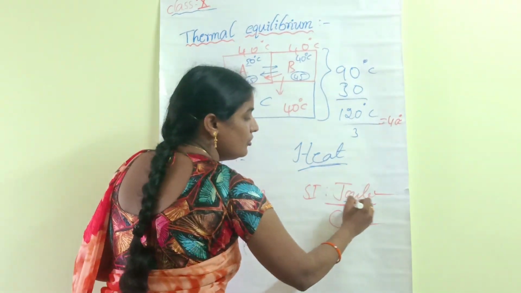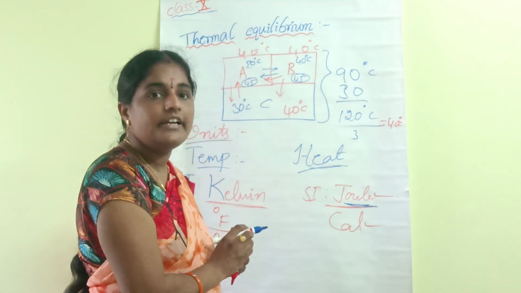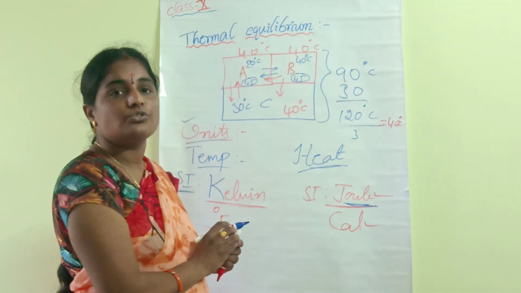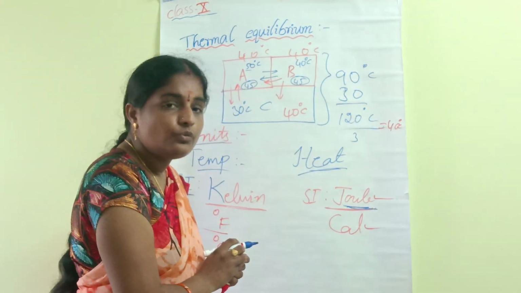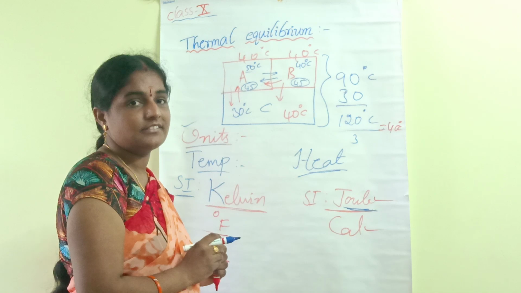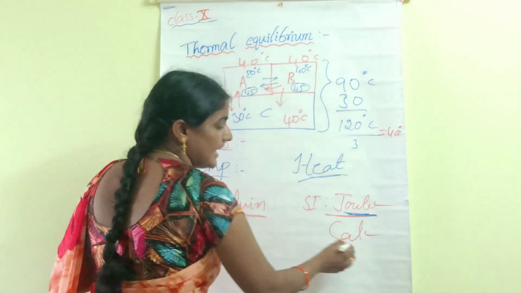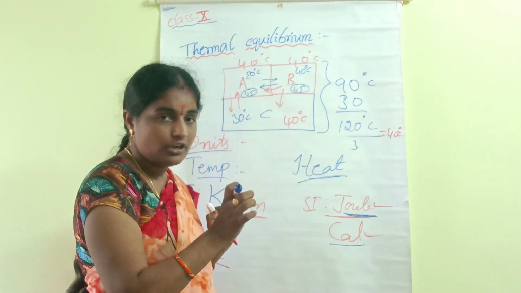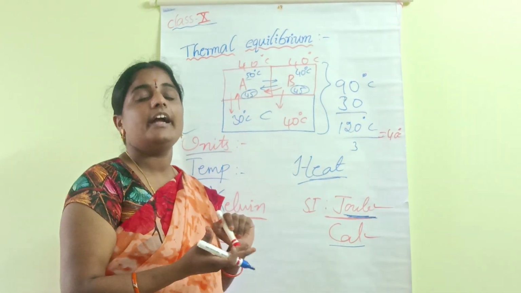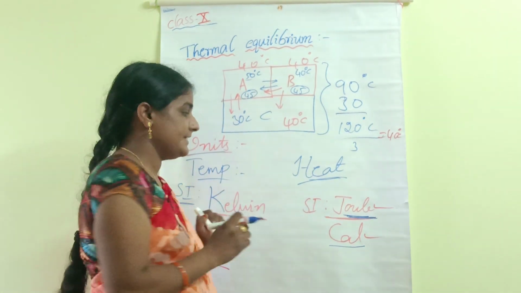Joule is the amount of heat energy required to raise the temperature through 1 degree Celsius. Calorie is the amount of heat energy required to raise the temperature through 1 degree Celsius.